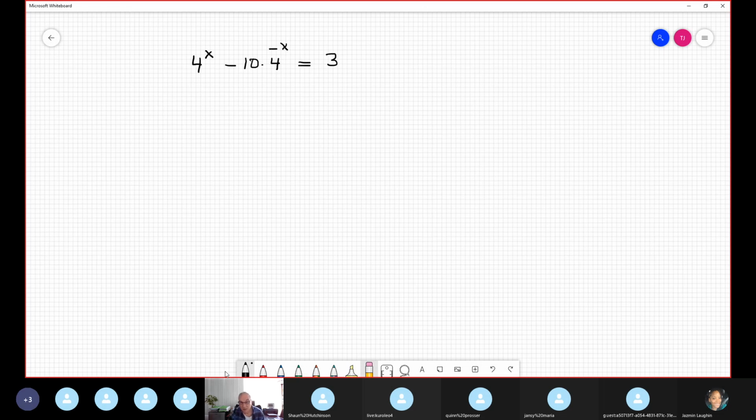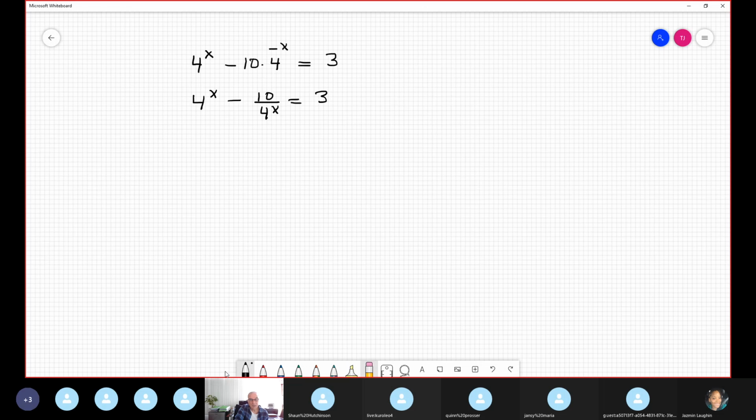Okay. Negative exponent is the reciprocal, no? So you can write it like that. It's another way to express the same idea, no?